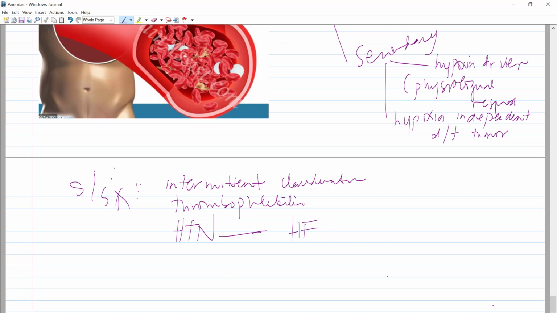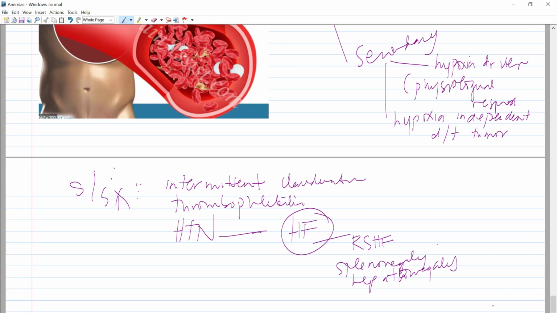Now, since it can cause heart failure, most of it would be right-sided heart failure. So you will also see splenomegaly in this patient, and hepatomegaly.